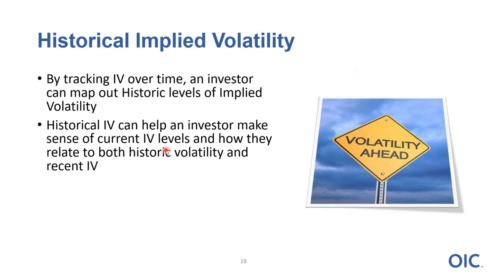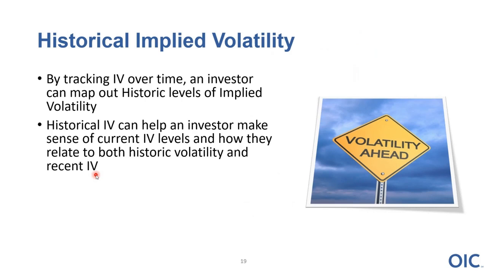They can compare the current level of implied vol and how it relates, not just to what the stock has done, but more directly to recent or past levels of implied volatility itself. This is comparing apples to apples. Where is today's implied volatility? Where was implied volatility yesterday? Where was it last week? Where was it last month? That's a direct comparison.